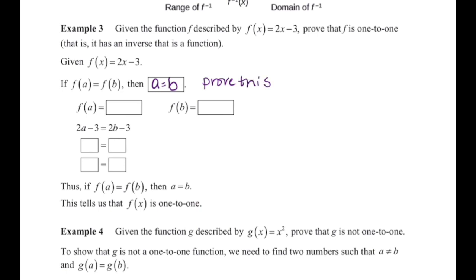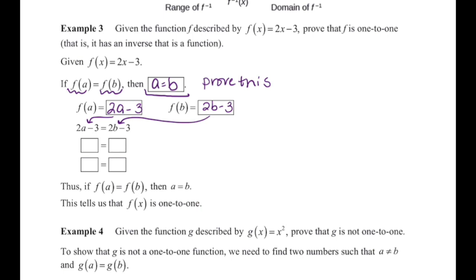To do that, I'm going to replace my a value where I see x, so 2a minus 3, and b, 2b minus 3. We just said then that our functions should be equal to each other. So I'm going to set f of a equal to f of b and simplify. And when I simplify, I should end up with a equals b.